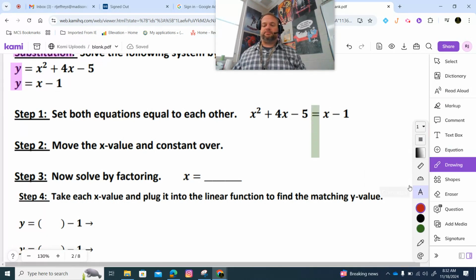I'm going to subtract the x here. Where's the x value over here? What is it? 4. Thank you. This constant, it's a 1. It's a minus 1. What's the opposite of minus 1? Plus 1.